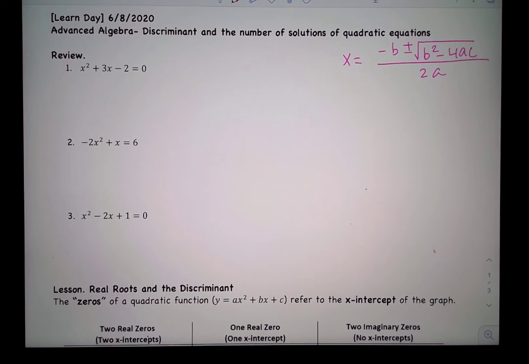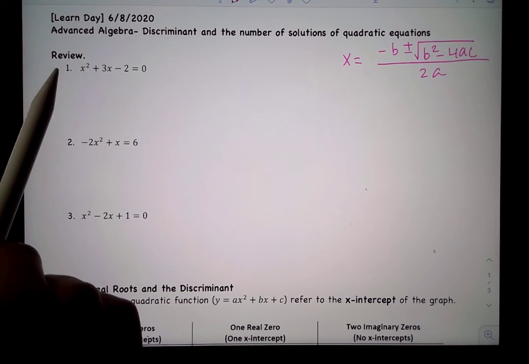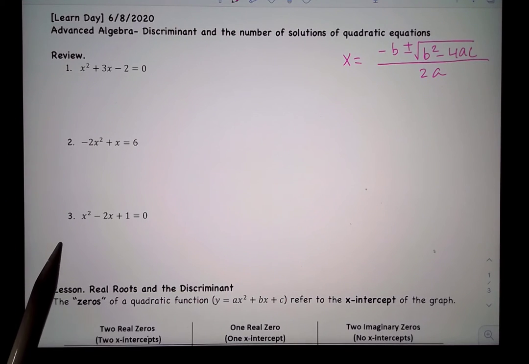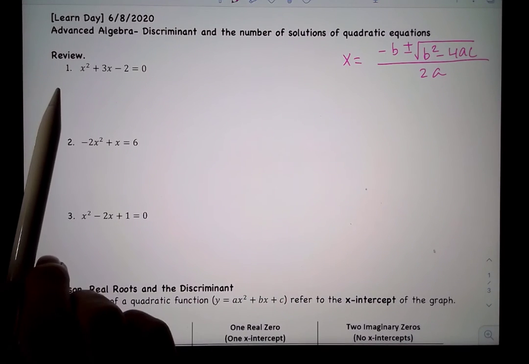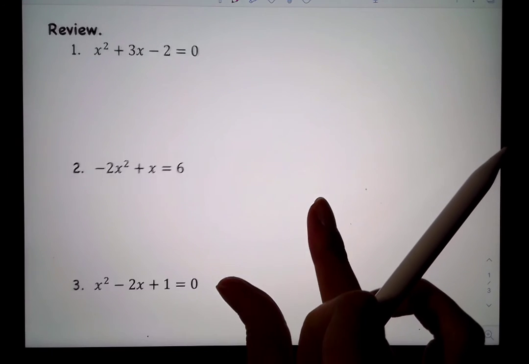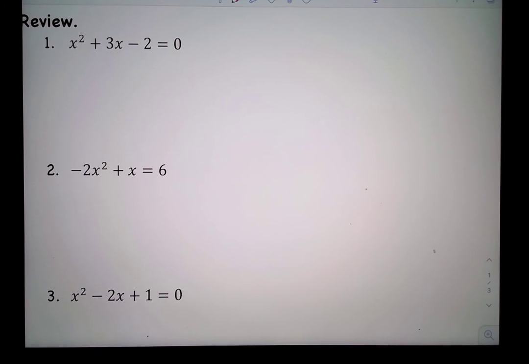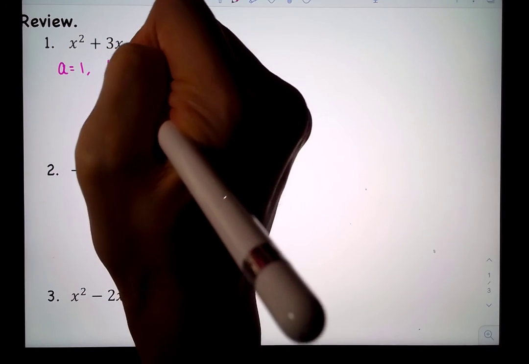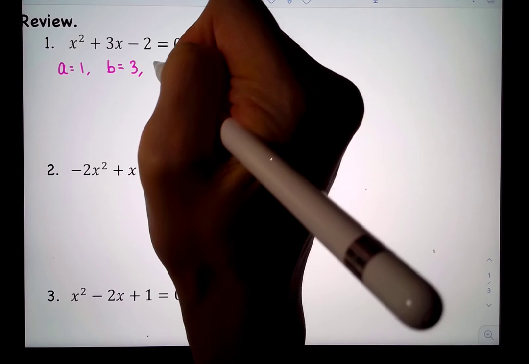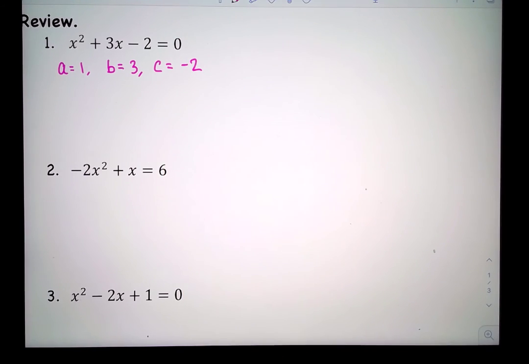But before we start today's lesson, I want to find the solutions of these 3 equations using the quadratic formula. Let's look at number 1. Before we use the quadratic formula, you need to identify your a, b, and c. So a is 1, b is 3, and c is negative 2.